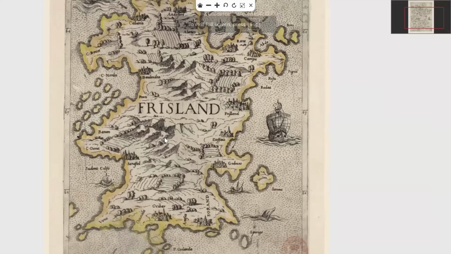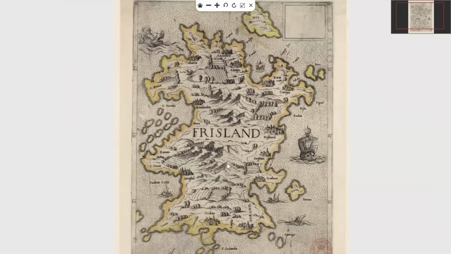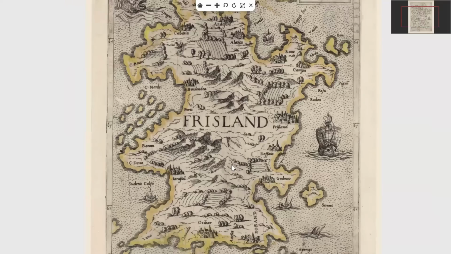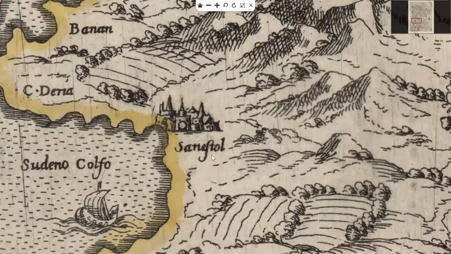And when you do a search for Frisland, you get this map, a map of the island of Frisland. And as you can see, built out with old world cities. What's this called? Sanastol. The F's are pronounced as S's in these old maps.